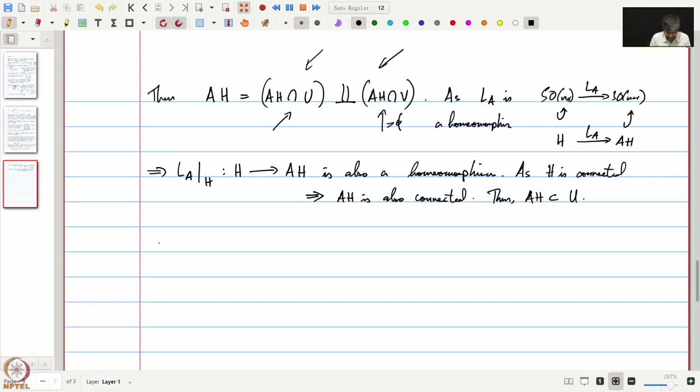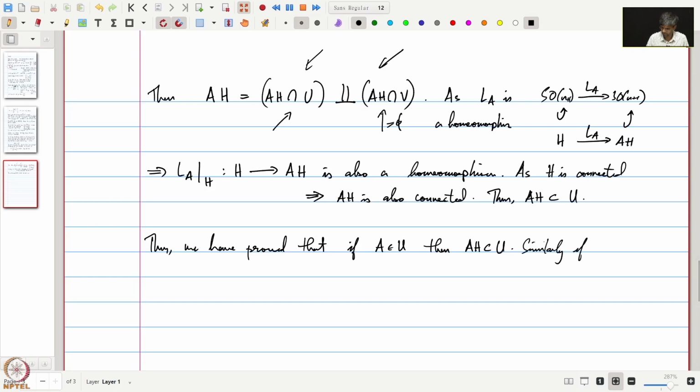So we have proved that if A belongs to U, then AH is completely contained inside U, right. Similarly, if B belongs to V, then BH is completely contained inside V.